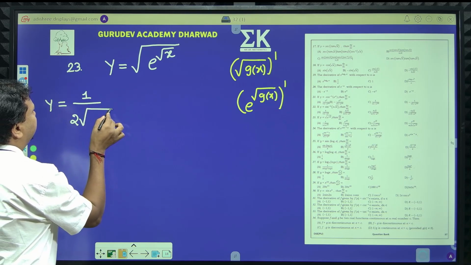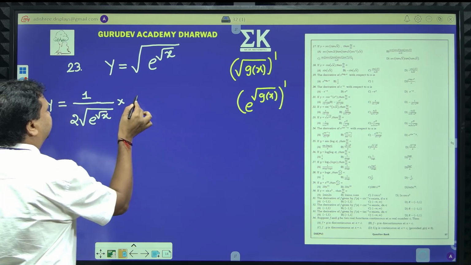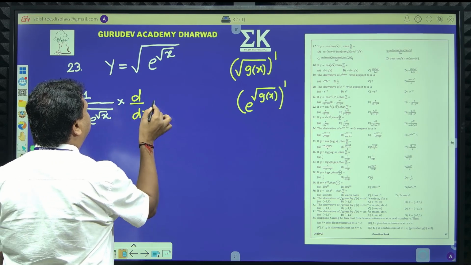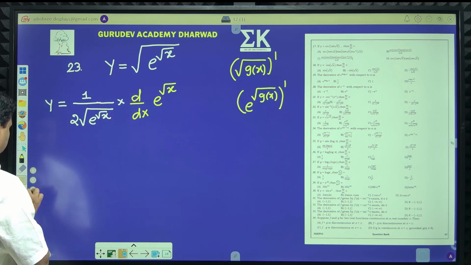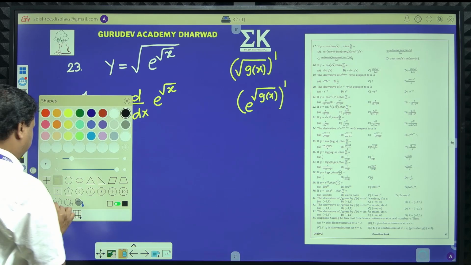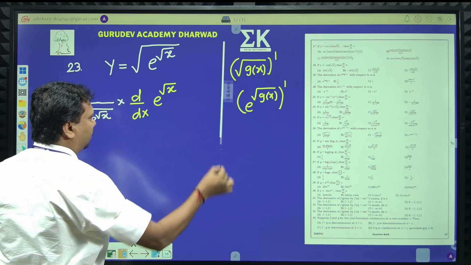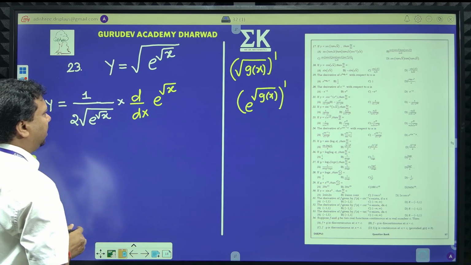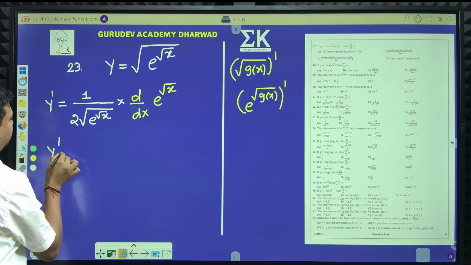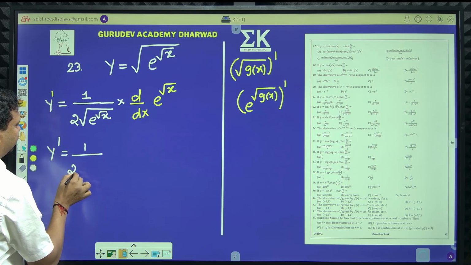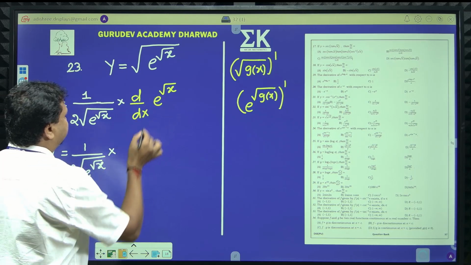2 root g of x into g dash of x, that is, differentiation of e to the power root x. Done. Okay. Now y dash is equal to 1 divided by 2 root e to the power root x into differentiation of e to the power root x.